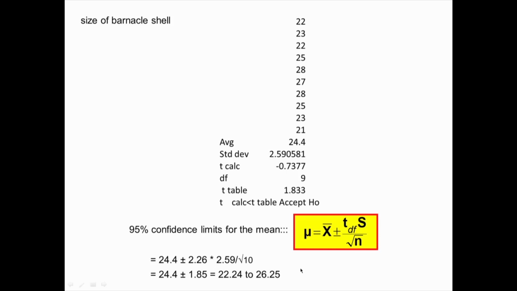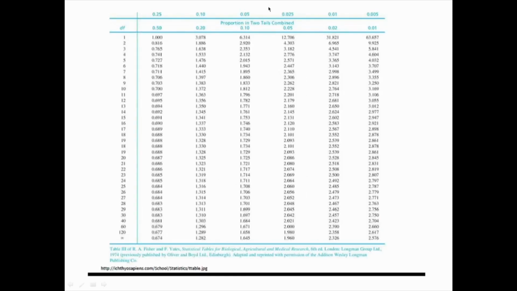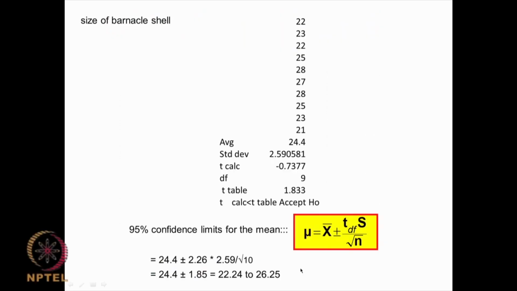For 9 degrees of freedom you make use of this particular table, and for a single tail test you use this. For 9 degrees of freedom you get 1.833, whereas t calculated is 0.7377. So, obviously we have no reason for rejecting the null hypothesis.